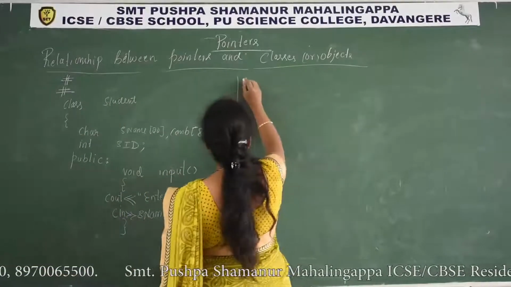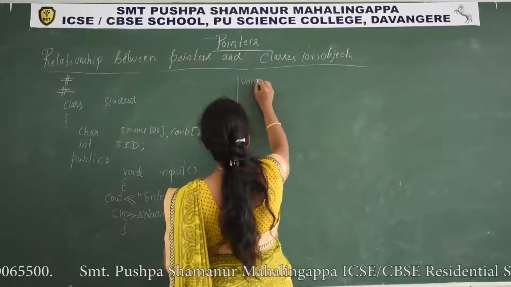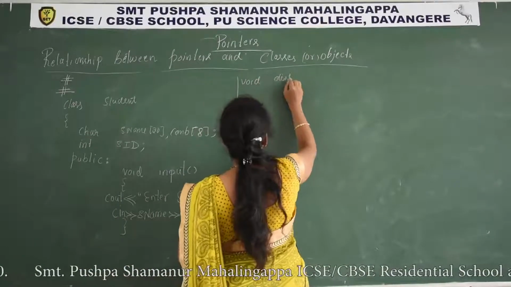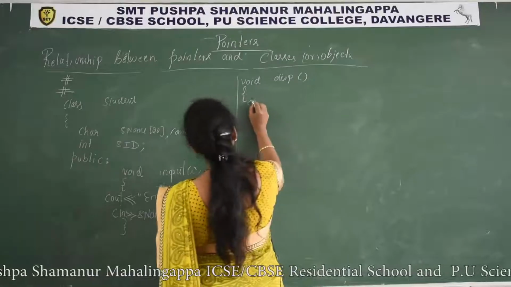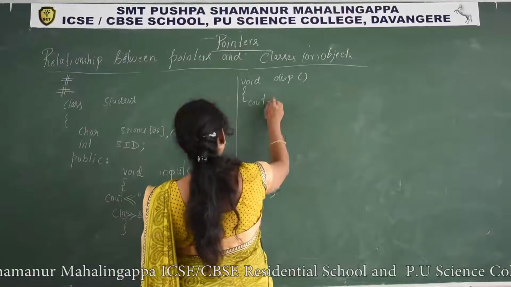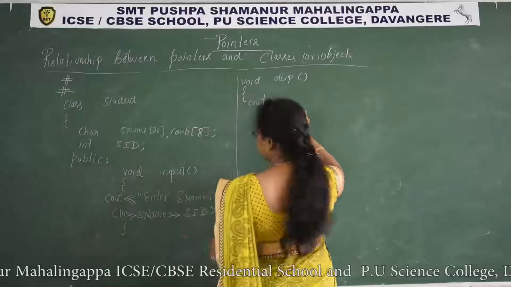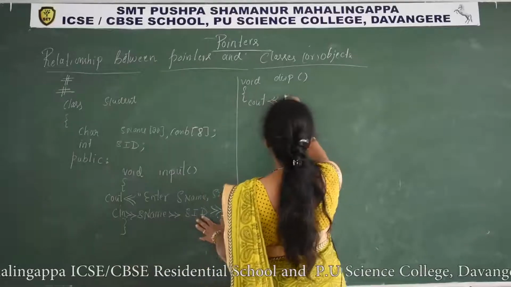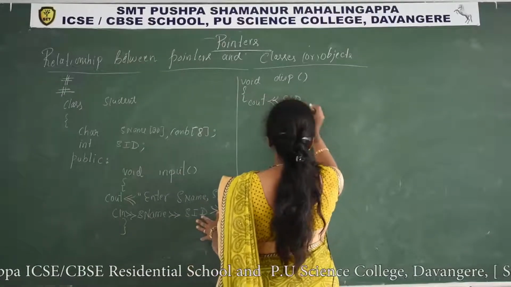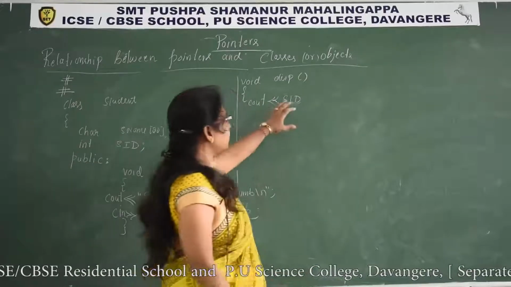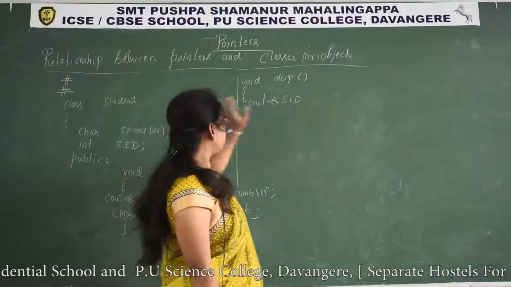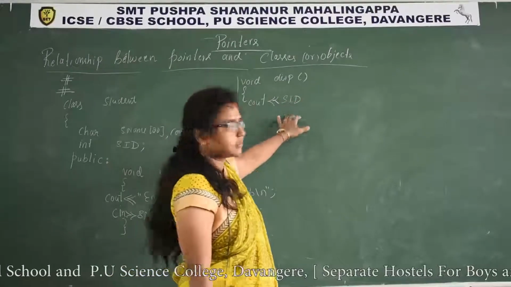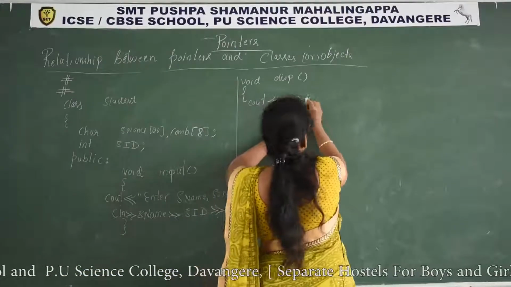Another function I will take to display the content, void disp. cout. I'll display in tabular format. First I want to display student ID, SID. Here we write what we are going to display, the data member, directly, and I'll give \t.